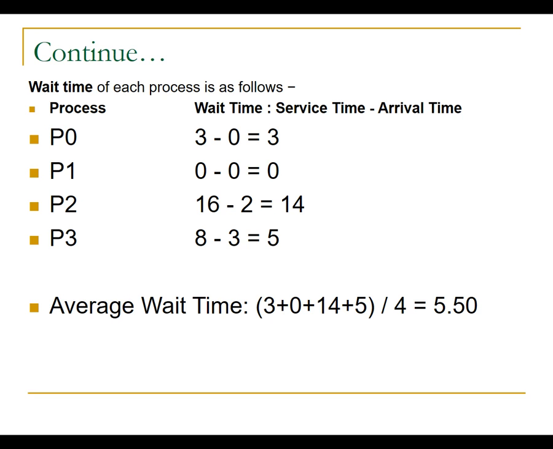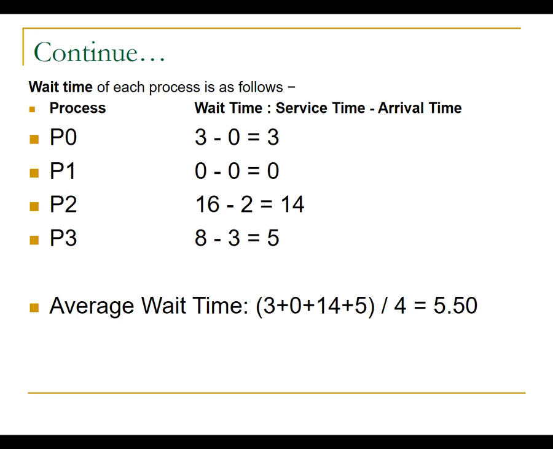The formula that we have applied for all this calculation is waiting time is equal to service time minus arrival time. Instead of the word process, we can also use the word waiting time. So even the formula can be written like waiting time is equal to service time minus arrival time. Here there are only a few processes, but there might be millions, hundreds or thousands of processes.